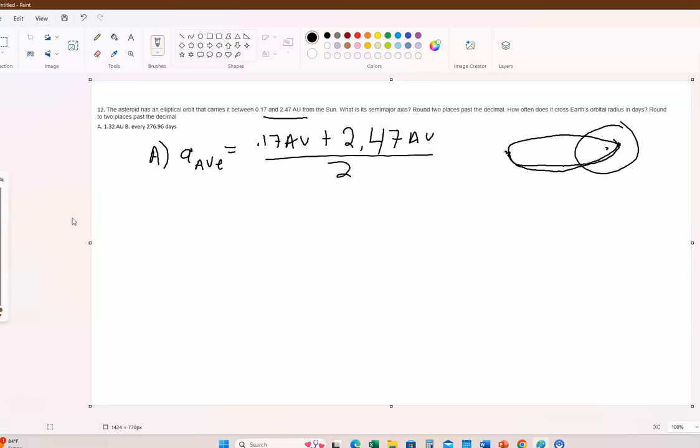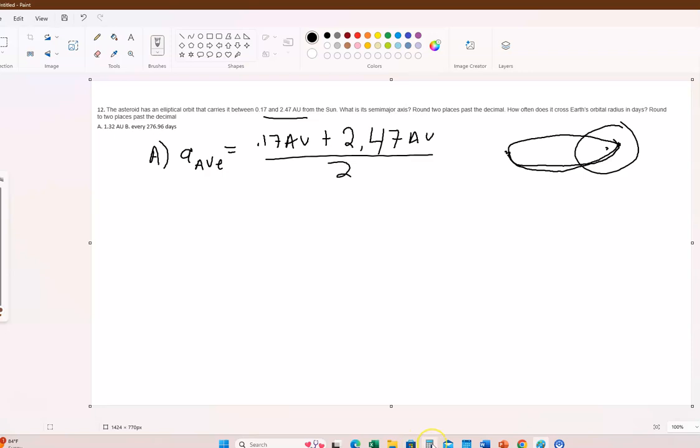That's the idea of what the semi-major axis is: the average distance that an object is from the sun or from its star. In this case, we're talking about our sun.